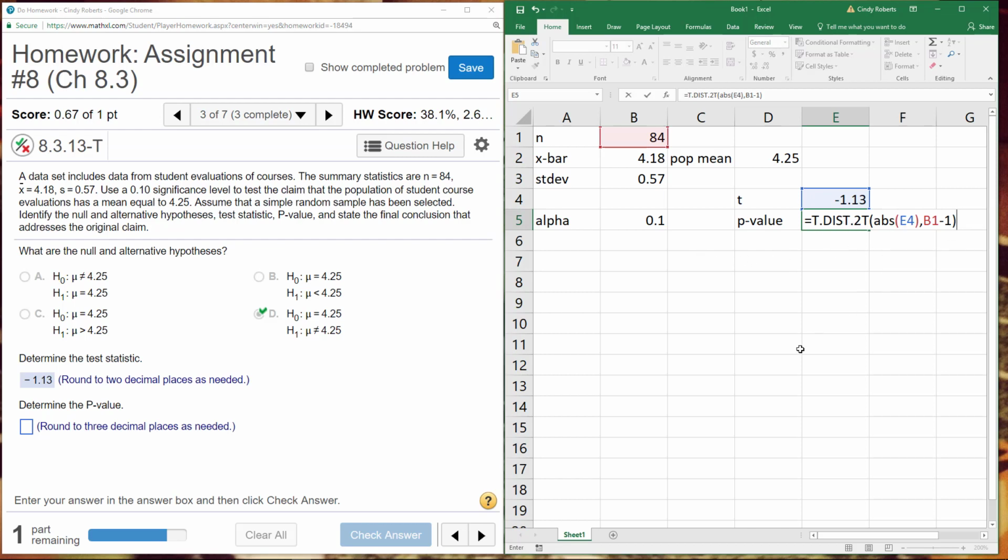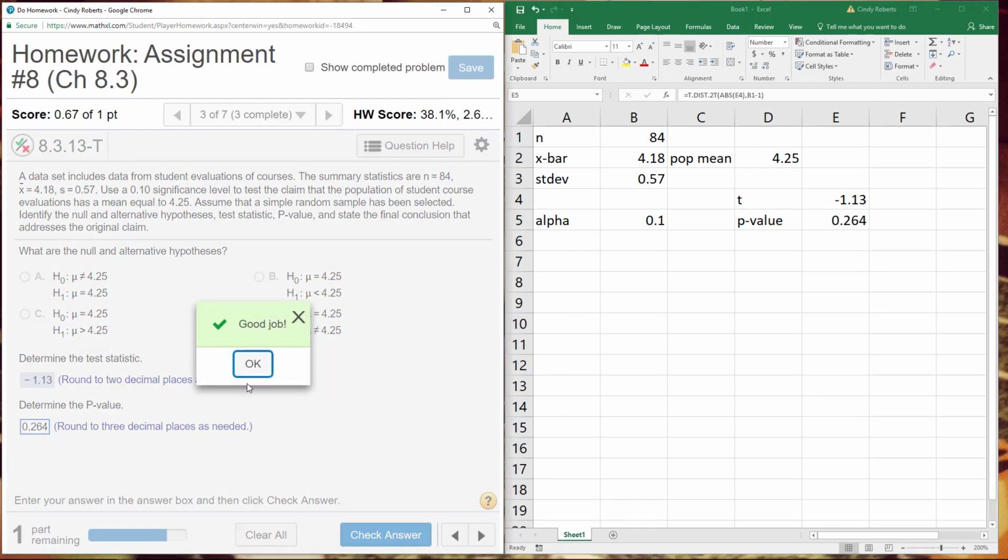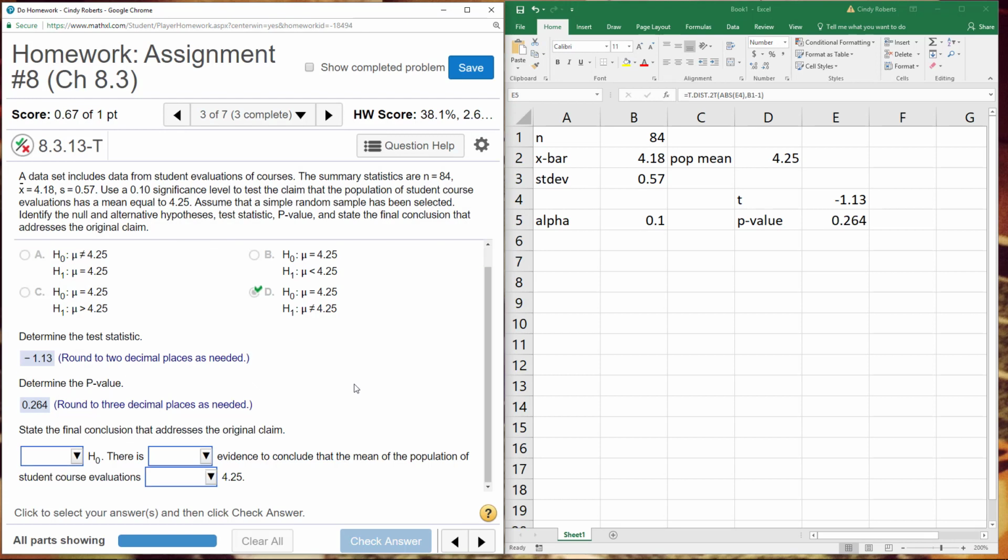You saw that it had a right tail in the formula as well. I absolute value, so I get 1.13, and then I do my degrees of freedom, which is n minus 1, and this wants 3 decimal places, so that would be 0.264. Good job.